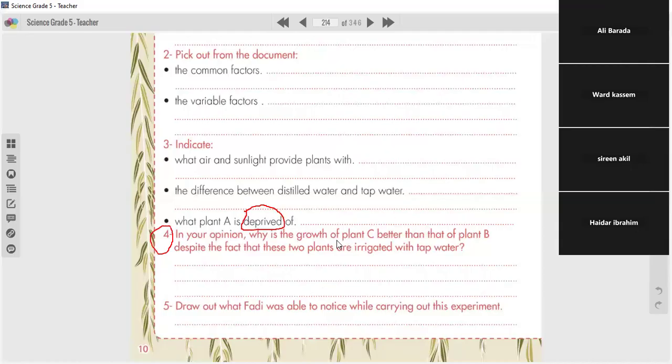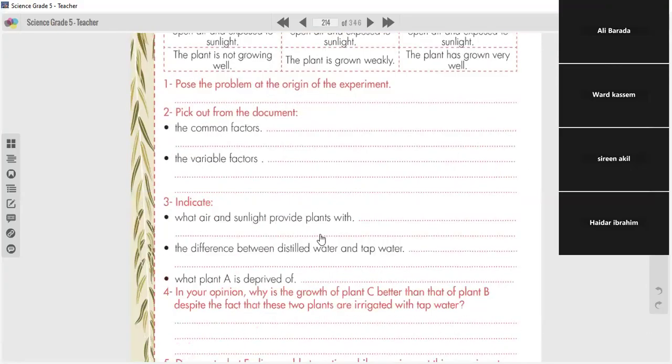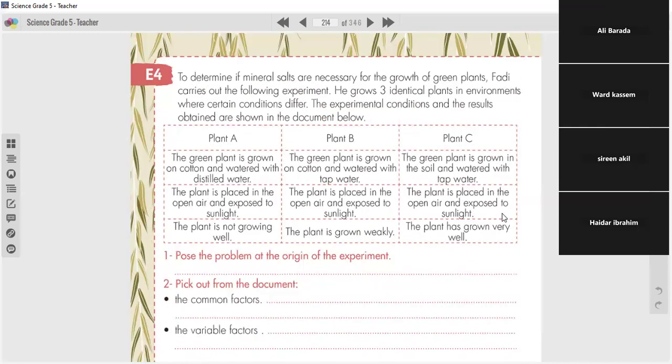So here, Haidar, you have to focus on plant C and plant B. Of course, you have to go back to that table. Let me show you. So you have to see plants B and C. They are asking why plant B grows weakly, meaning it doesn't grow well, while plant C grows well, although you put tap water for both. Why does plant C grow better? What is the reason behind it?